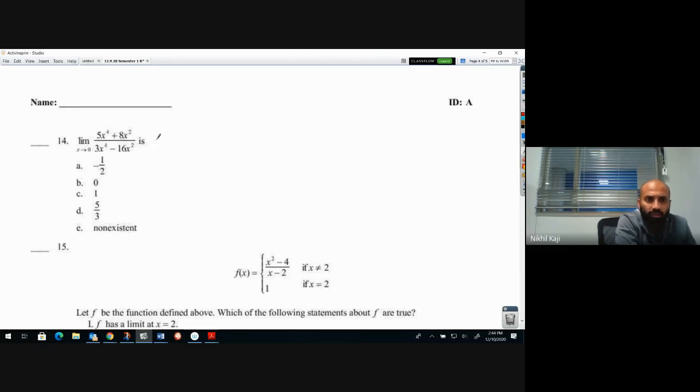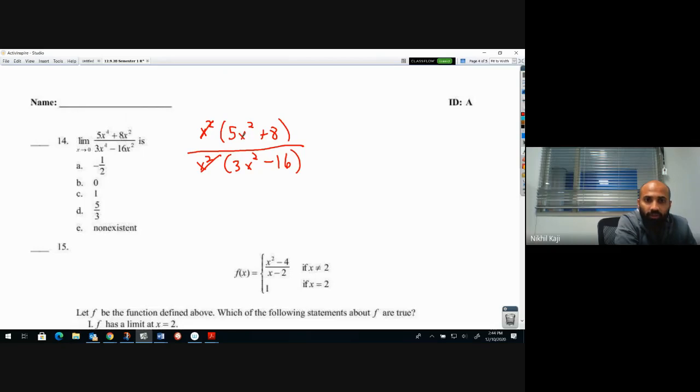Let's see what we can factor out on the top. x squared, so that's 5x squared plus 8. Let's see what we can factor out at the bottom. x squared, 3x squared minus 16. The x squared is canceled out.